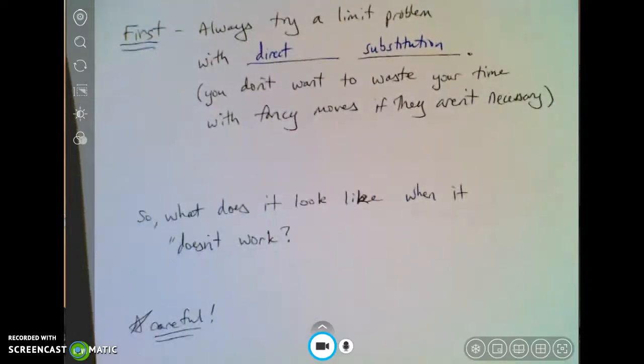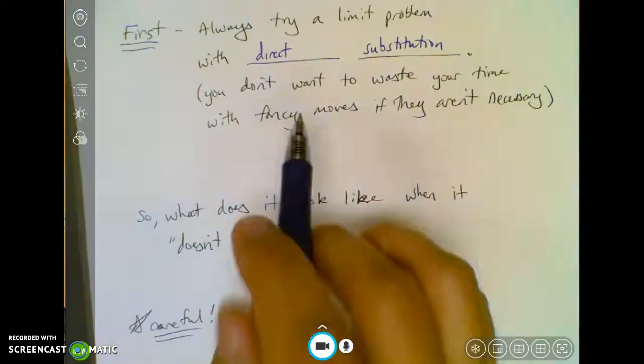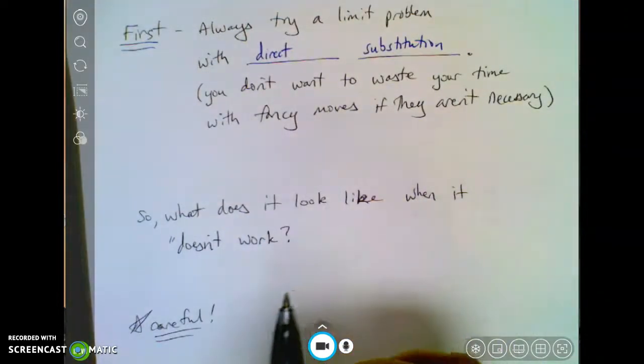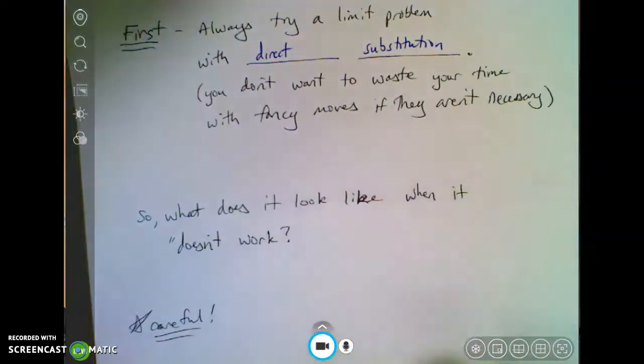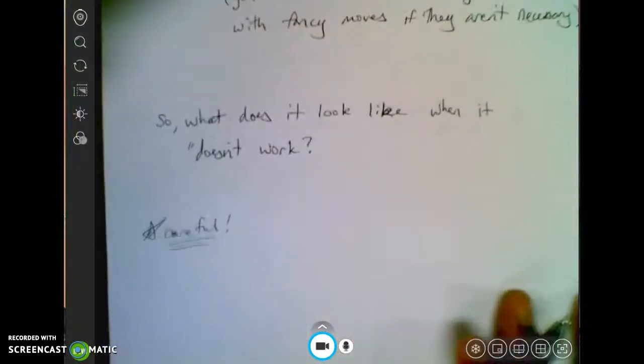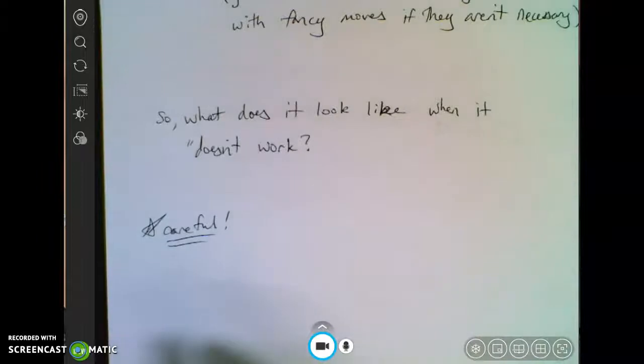All right, so the next question is, if direct substitution doesn't work, what should I do? And the previous question is, what does it mean for direct substitution to not work?